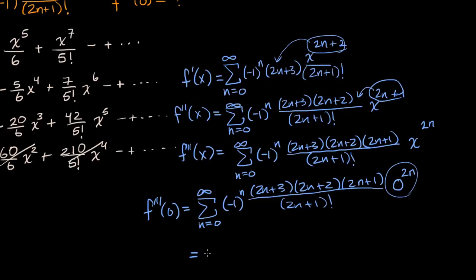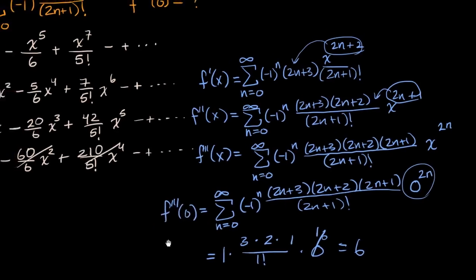So let me just write that as 1 times, this is 3 times 2 times 1 over 1 factorial, and then times 0 to the 0, which is equal to 1. So this is equal to 1, and so this is equal to 6.